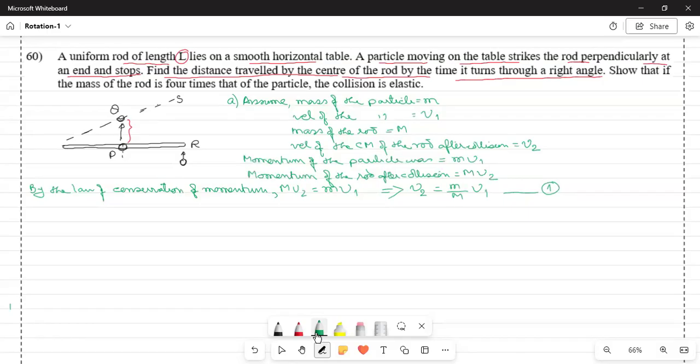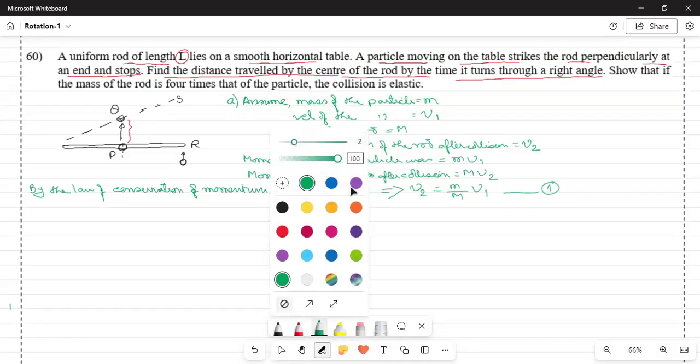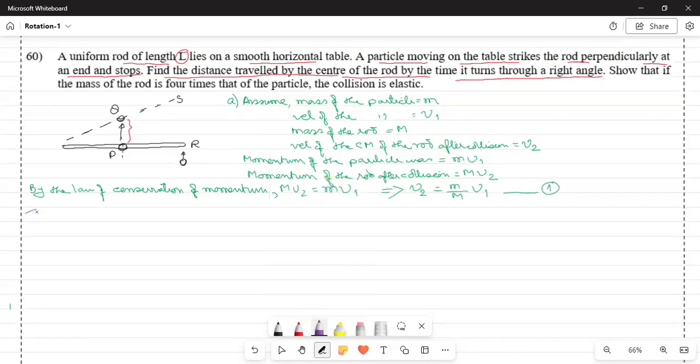Now going to the second step. I change the color for your benefit. Now we consider the rotational effect.